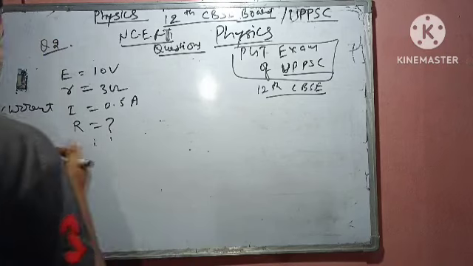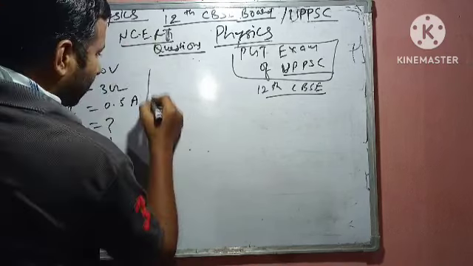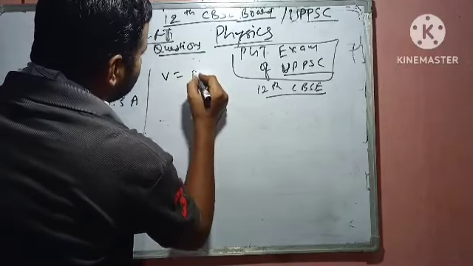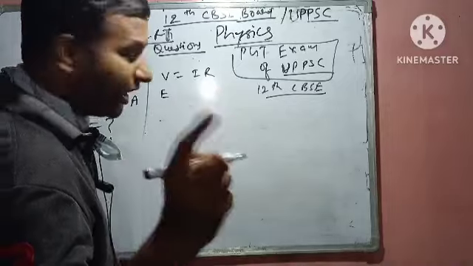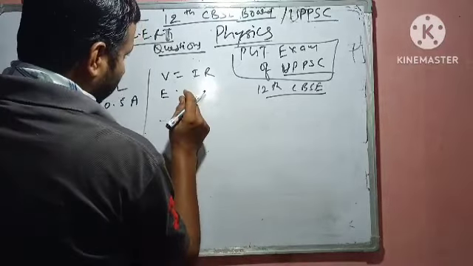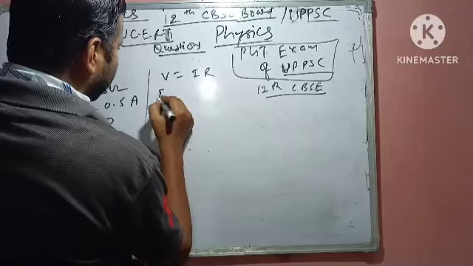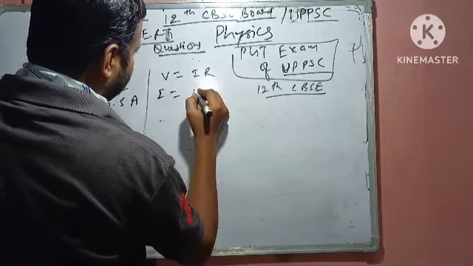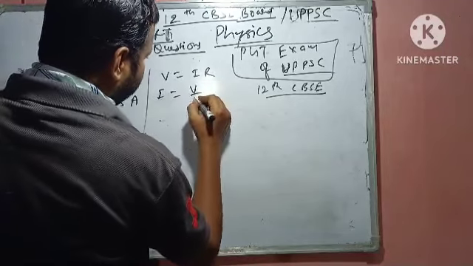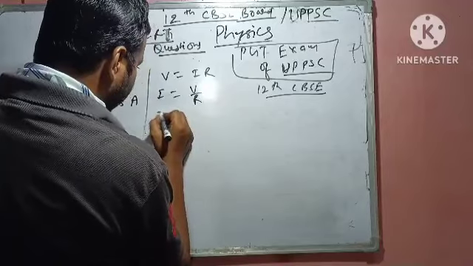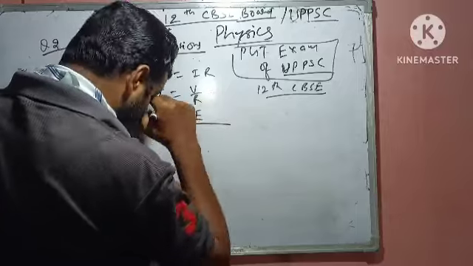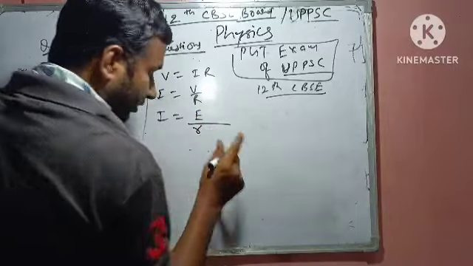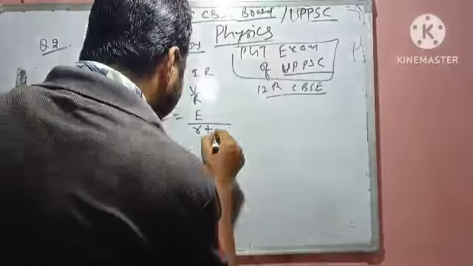According to Ohm's law, V is equal to IR. We write I is equal to electromotive force E upon R plus r, the external resistance and the internal resistance.